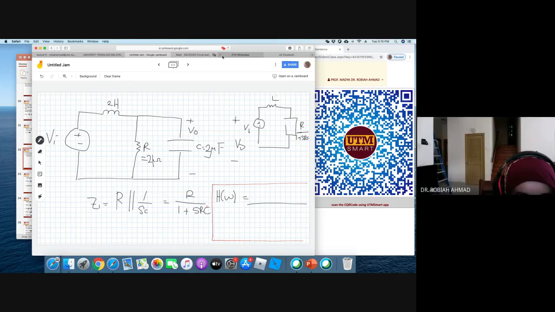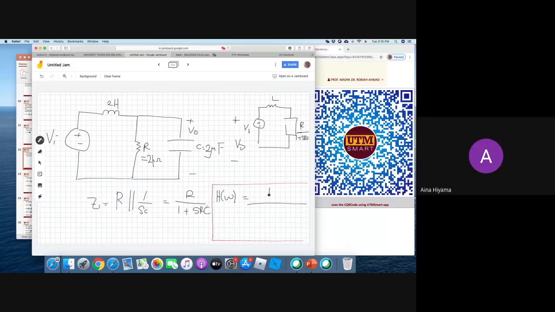Class, are you here? Yeah. Okay, so what is your transfer function? I think I should get something like S square plus something like S, and then plus something like, I don't know, RLC.